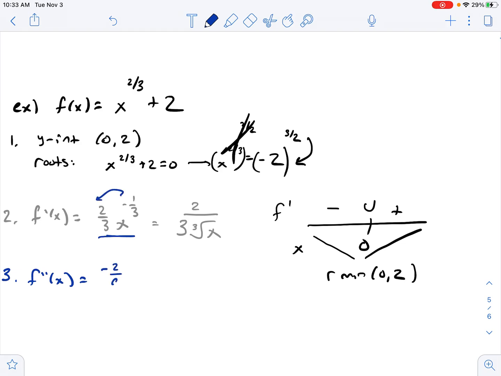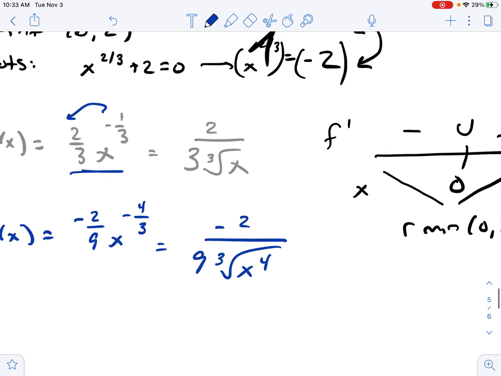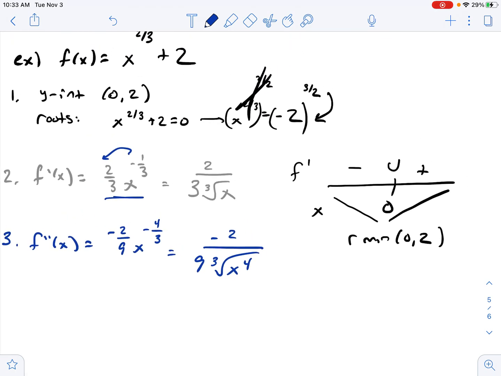And I'm going to use this. Bringing down the power, we get negative 2/9 x to the negative 4/3 power, or negative 2 over 9 cube root of x to the 4th in the denominator. Once again, we have a constant in the numerator. That will never equal 0, but again is undefined at x equals 0.